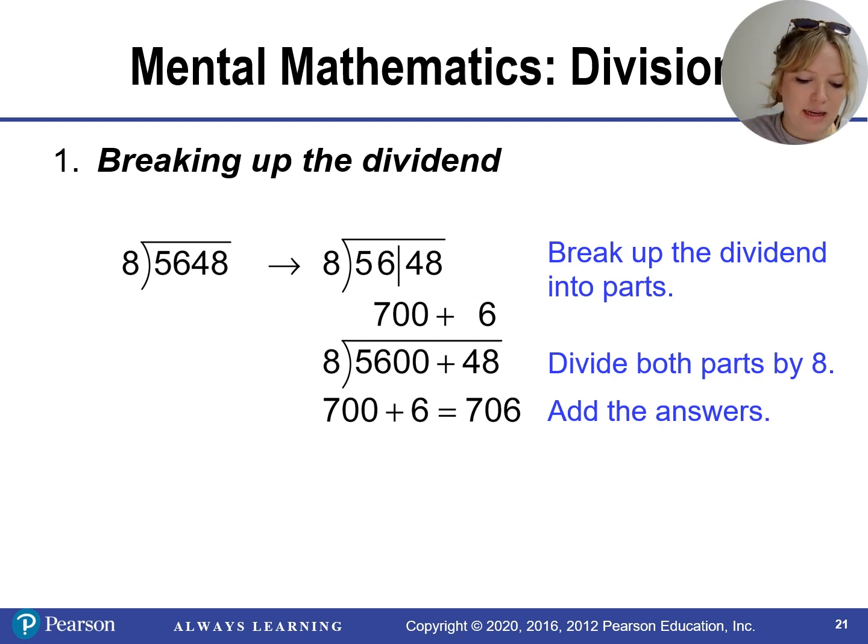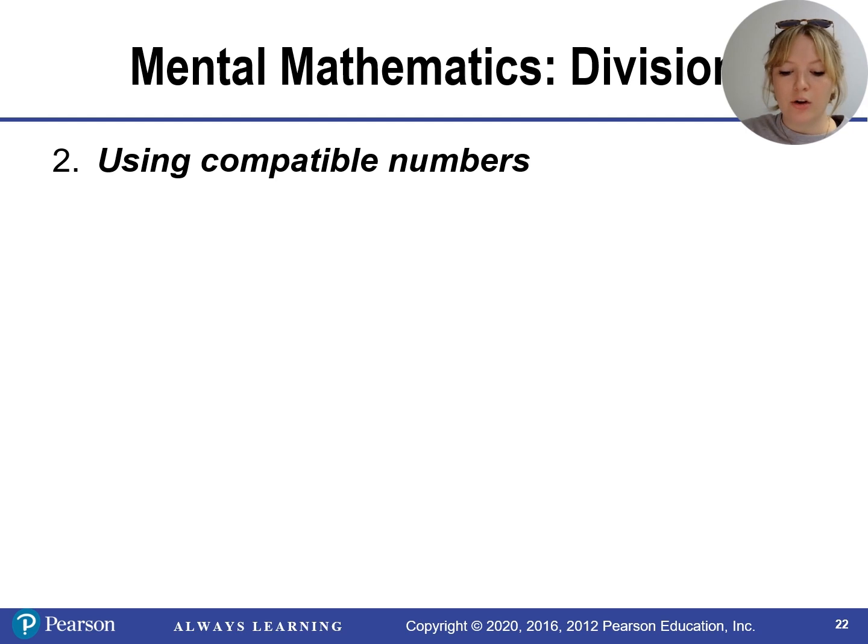And then similarly, we can think about 8 dividing into 48. 48 divided by 8 is 6. So I can have 700 8s in 5,600, 6 8s in 48, 706 8s in 5,648.